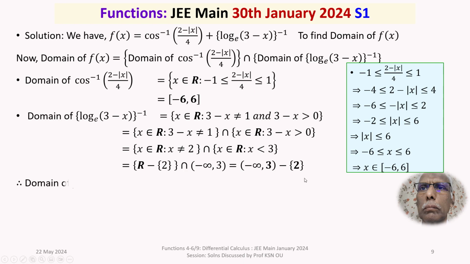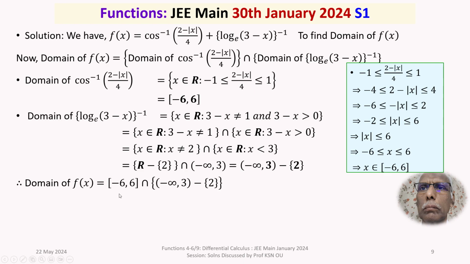Agreed. Now let's go back. The domain of f(x) will be the domain of the first function, the cos inverse function, that is minus 6 to 6, intersection with the domain of the second function, which is minus infinity to 3 minus singleton 2, an open interval.